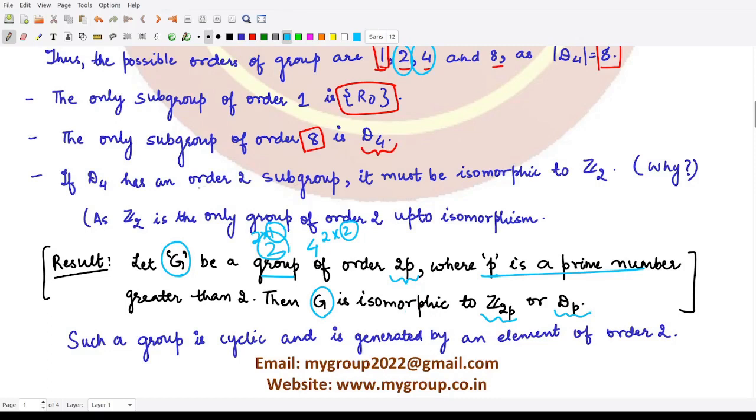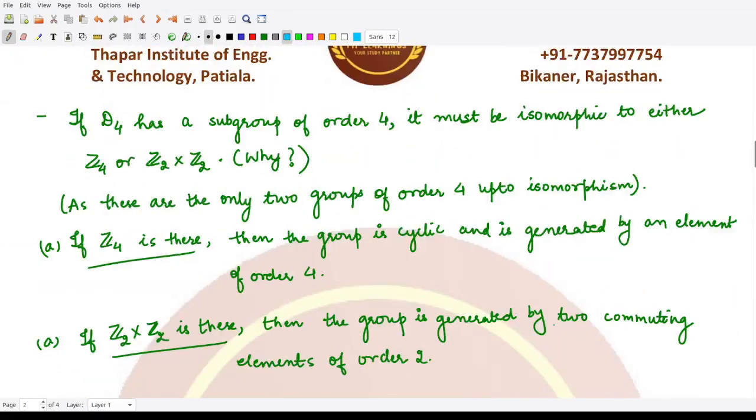So now applying this onto the subgroups of order 2, we may write the subgroups of order 2 as isomorphic to Z2, right? Why? Because Z2 is the only group of order 2 up to isomorphism, and whatever subgroup we get from this would be cyclic in nature and generated by an element of order 2, right? Similarly, a subgroup of order 4 must either be isomorphic to Z4 or to Z2 cross Z2, right?